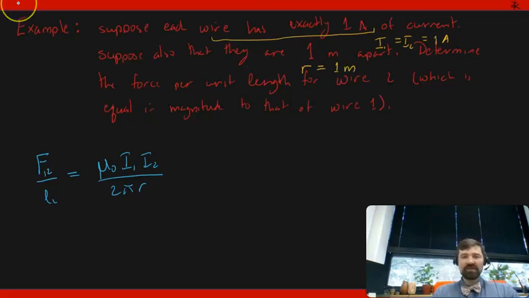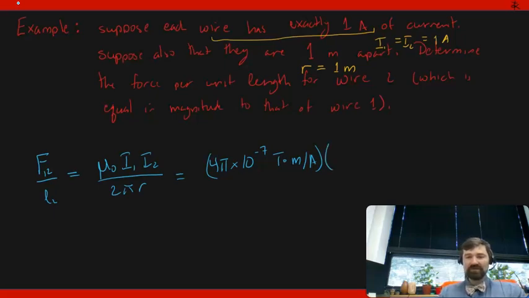So if we were to plug numbers into this equation, we have 4 times pi times 10 to the negative 7 Tesla meters per amp times these two currents. So we have 1 amp times 1 amp divided by 2 times pi times 1 meter.